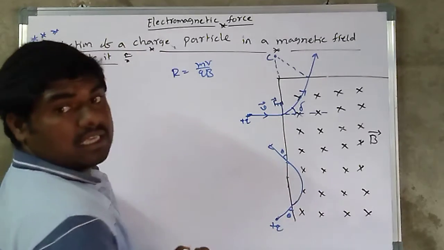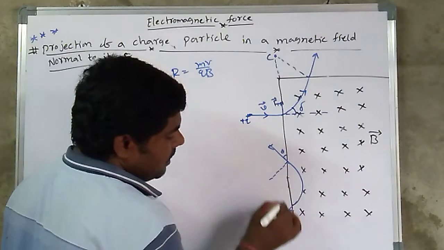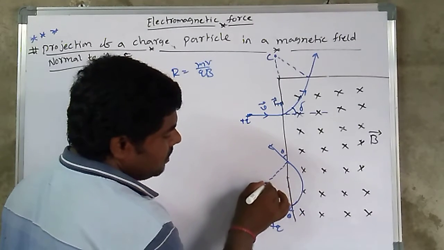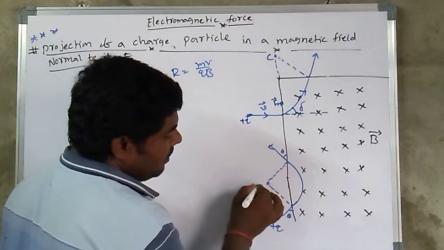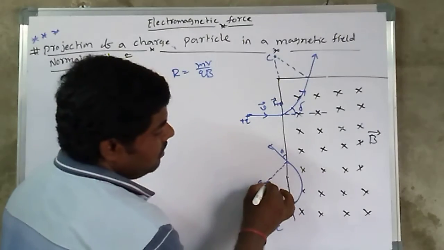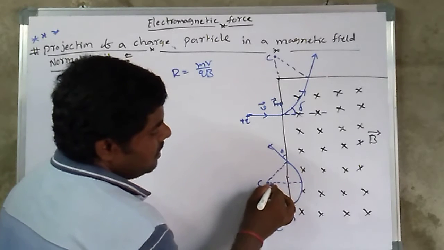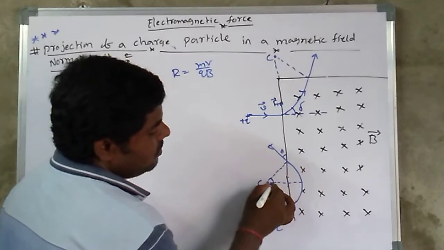In this case the force directions at these two points meet at one point, which is nothing but the center of curvature. Here the angle is theta, this is the radius, and here also theta.